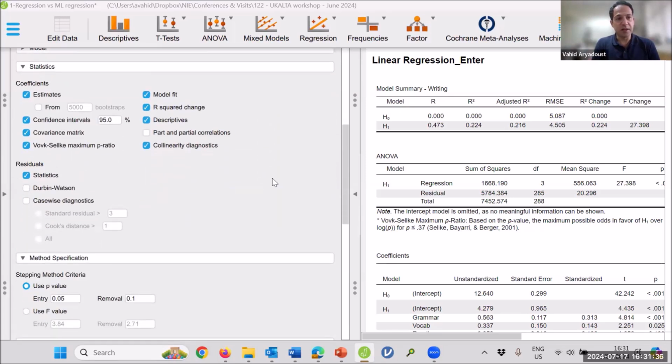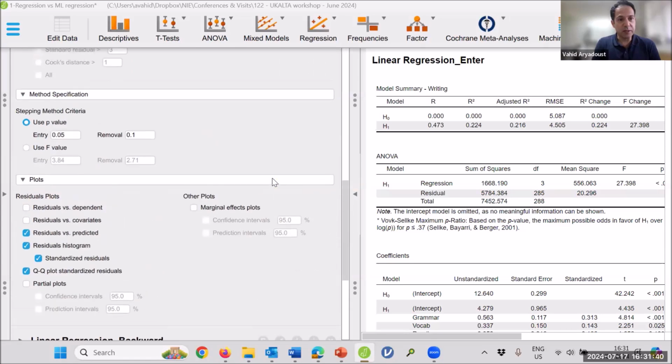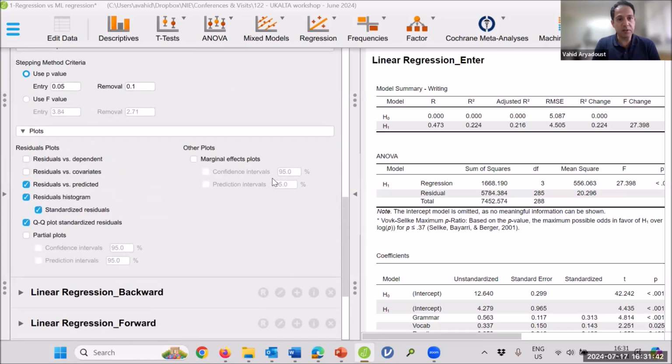Okay, now let's not get carried away. We're basically looking for that plot. You have to scroll down to the plot section. And as you can see, there are different types of plots. What do we want? We want residuals versus predicted. Click on that.